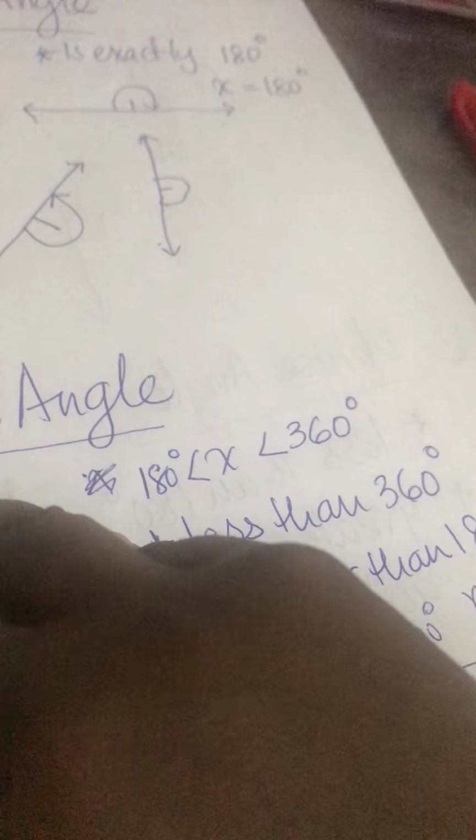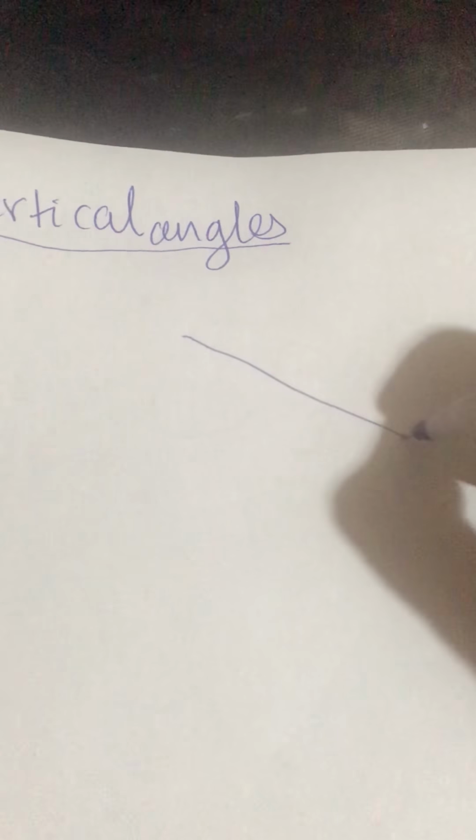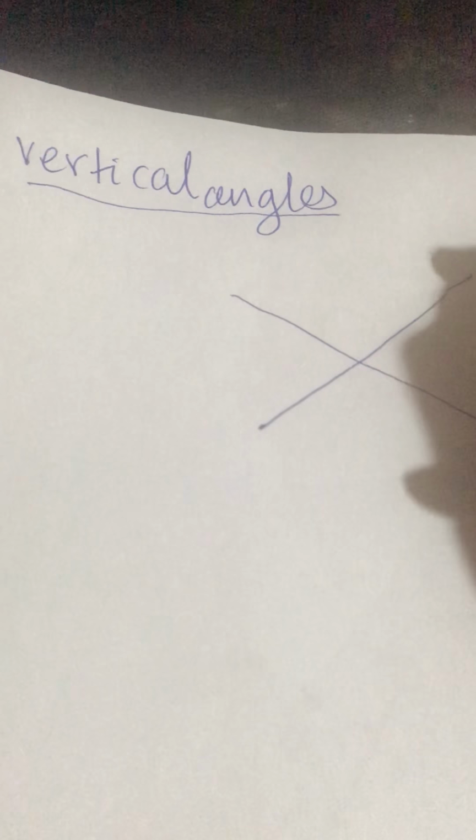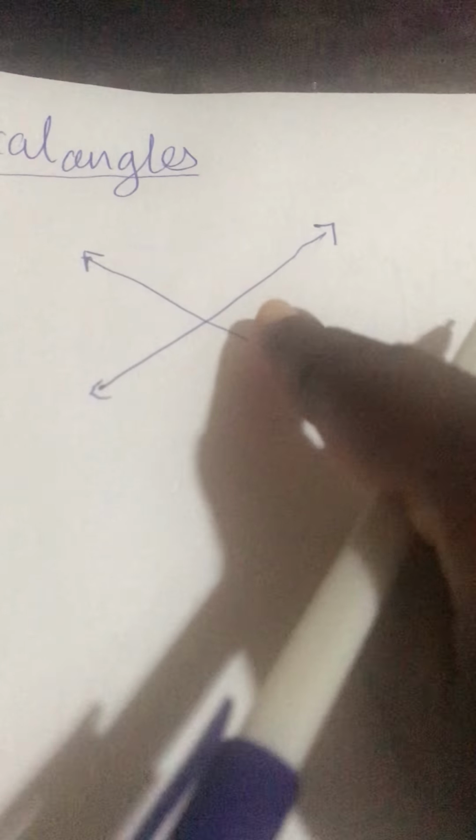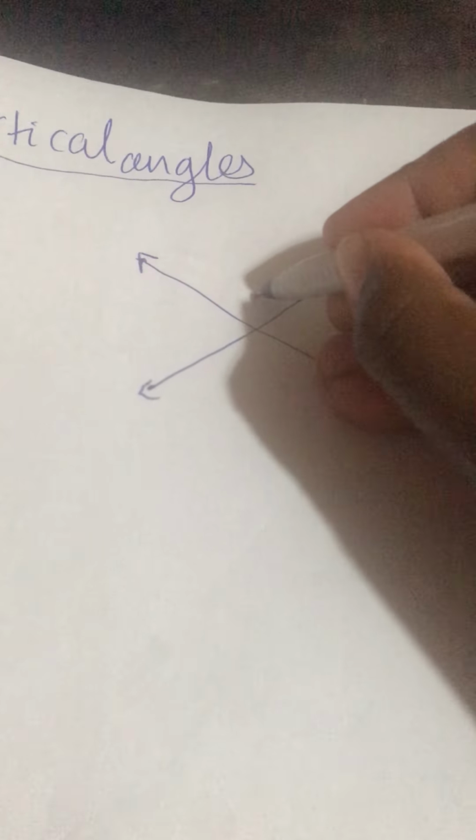Now we need to do vertical angles. All right? Vertical angles. How do I know vertical angles? Draw an X. The minute an X has been drawn, you see this is an X. You know you're talking about vertical angles.